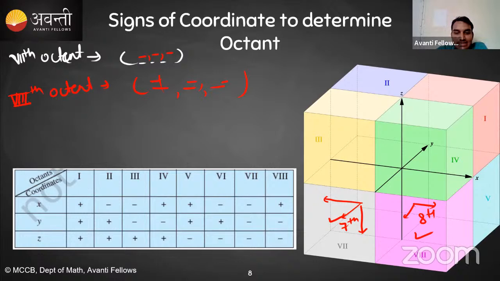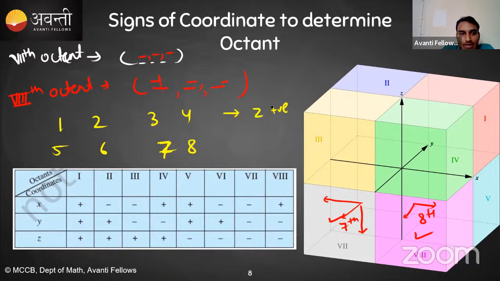And the fifth, sixth, seventh, eighth, the last 4 octants, are on the ground floor, so z would be negative. So it's like that: 1, 2, 3, 4, 5, 6, 7, 8. In the first 4, z is positive. In the last 4, z is negative. Is this clear?